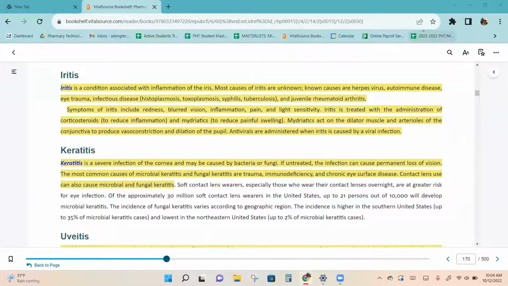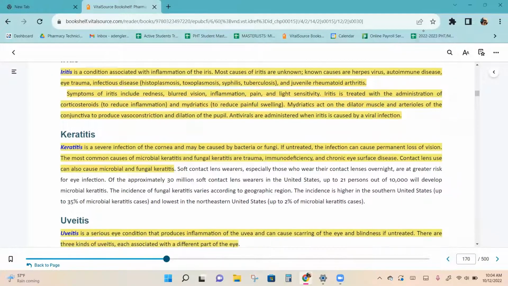Iritis is a condition associated with inflammation of the iris. Most causes of iritis are unknown. Known causes can be herpes virus, autoimmune disease, eye trauma, infectious diseases, and juvenile rheumatoid arthritis. Symptoms of iritis include redness, blurred vision, inflammation, pain, and light sensitivity.